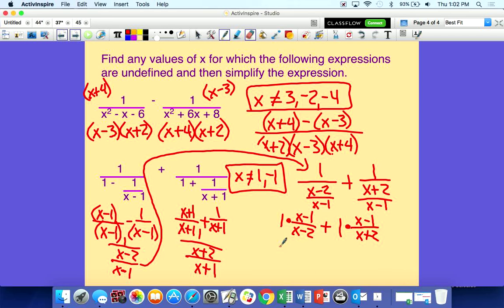Alright, and that just ends up being x minus 1 over x minus 2 plus x plus 1 over x plus 2. And then we've got to keep going with this process. So let me write that on our next page here.